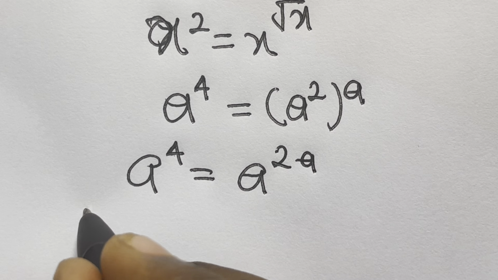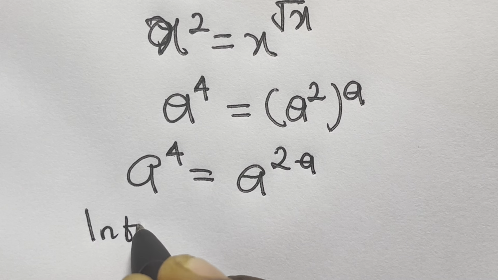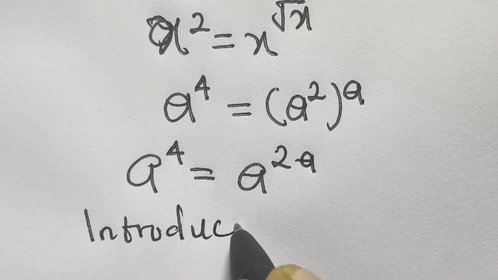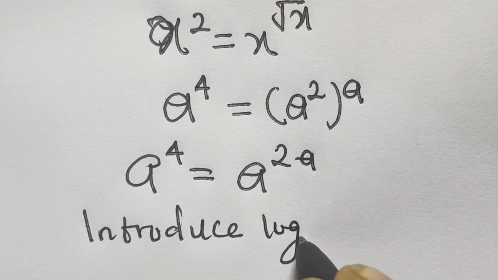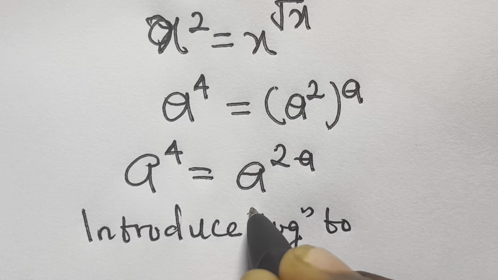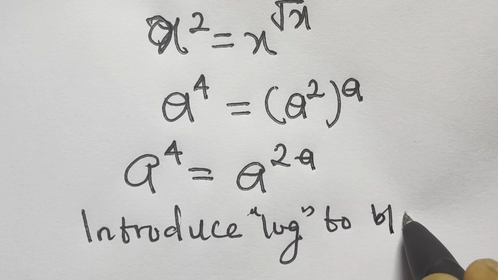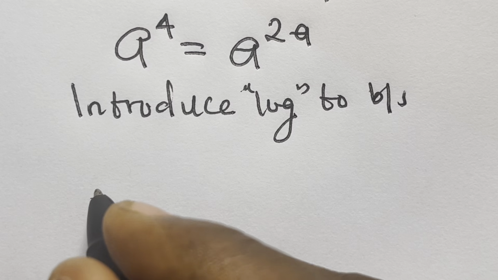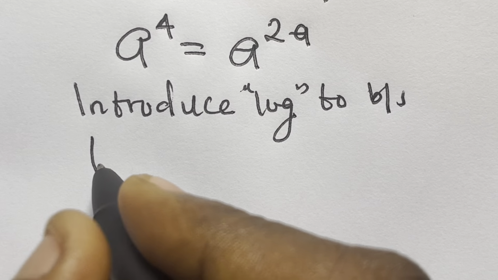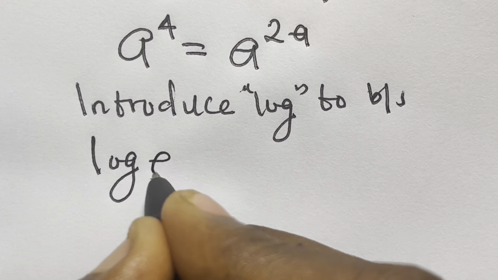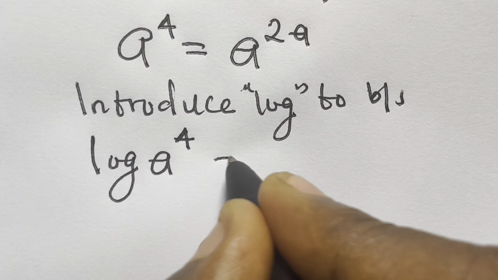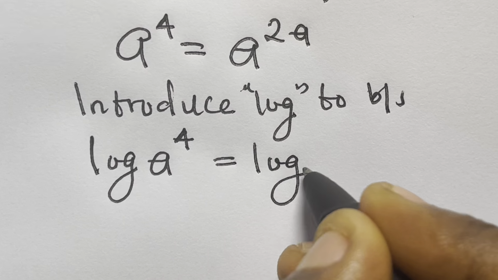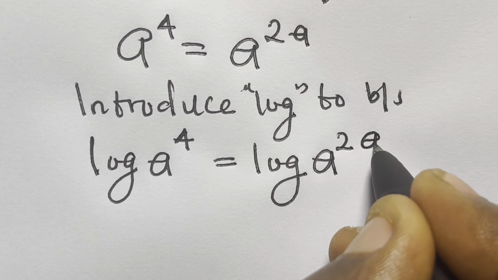So from here, we introduce log to both sides. And if we do, we are going to have log a raised to power 4 equals log a raised to power 2a.